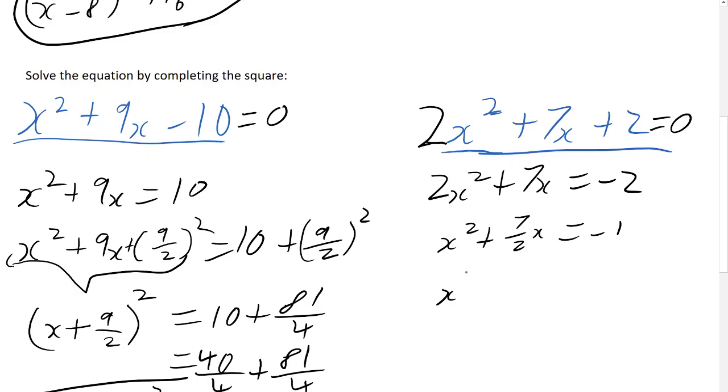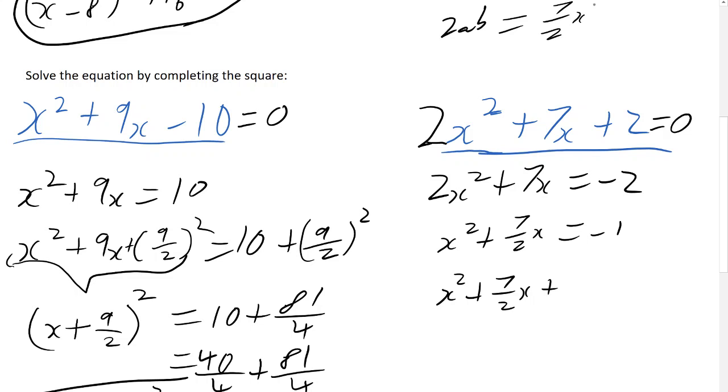So now that we have that, we do plus 7 over 2x. And now we also need to add this. Let's do the same thing again as we did in the previous two. 2ab equals 7 over 2x.